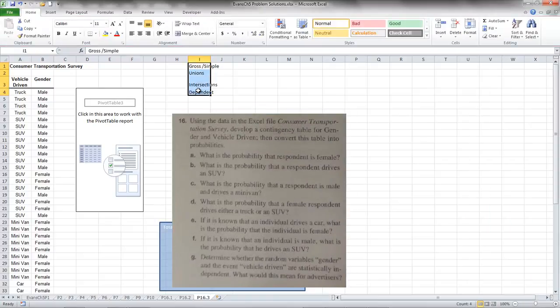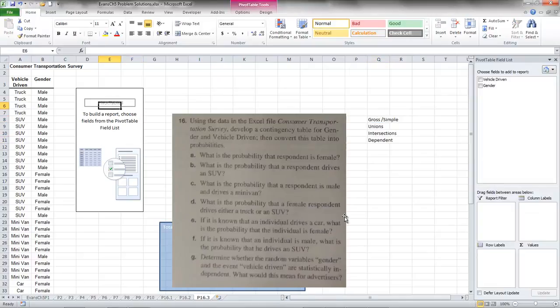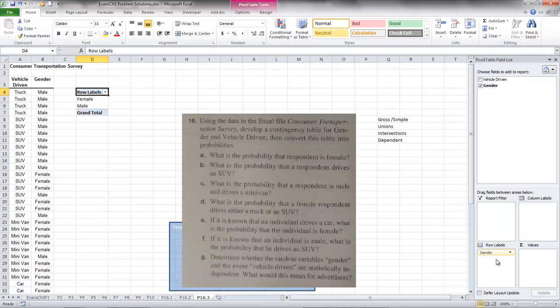I'm going to move these out of the way a little bit so they're not in our way as we go forward. Okay, so we come back over to the pivot table here. What does it want? It wants to know gender versus vehicle driven. So gender will usually be the row labels, the Y dimension as it goes down. So we're going to drop our gender down here into the row labels.